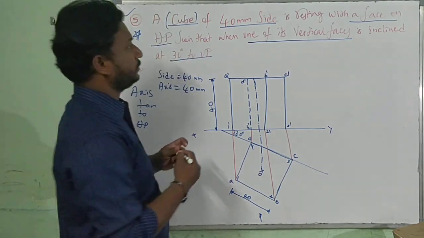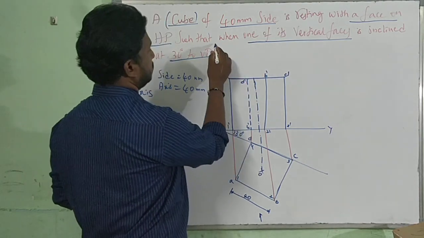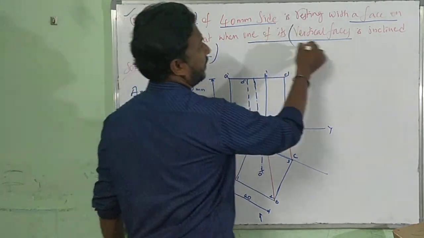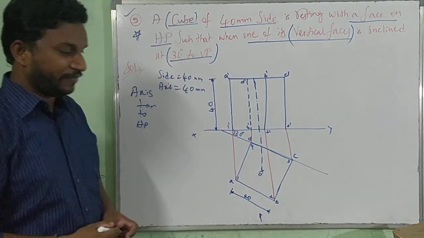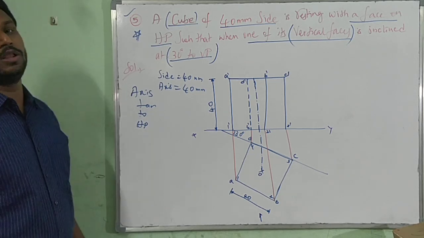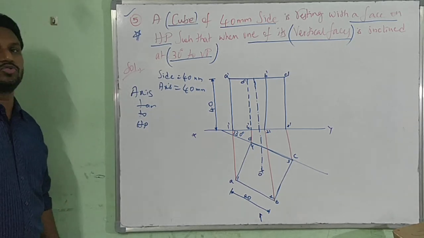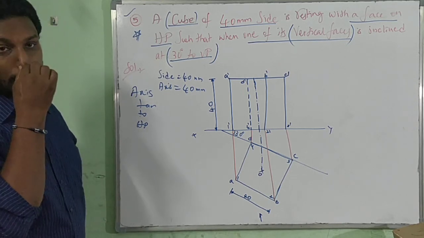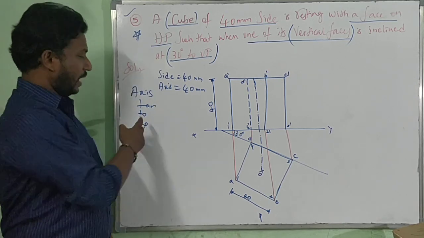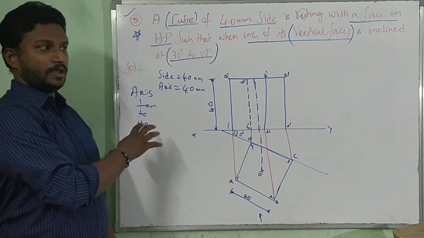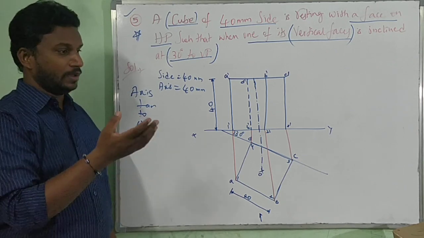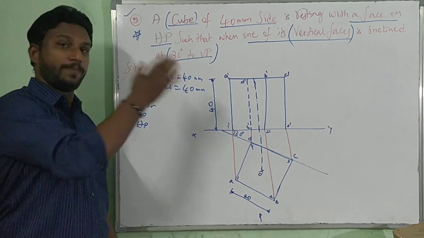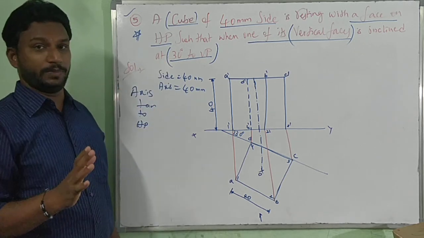That you have to remember. This is vertical face. You have to remember for all the problems, square pyramid, square prism here. It will be very useful when you draw the problems of axis perpendicular to HP, axis perpendicular to VP, axis inclined to one plane parallel to the other, axis inclined to both the planes.